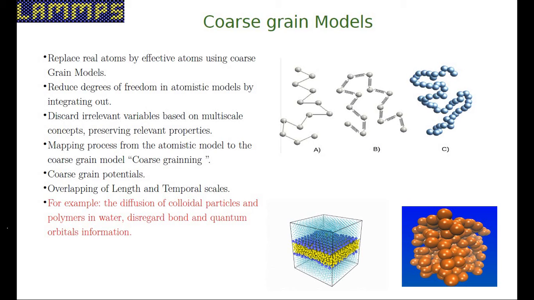For example, a polymer chain can be modeled using different coarse grain models. The rod bead model, the bead spring model, and the bottleneck lace model.